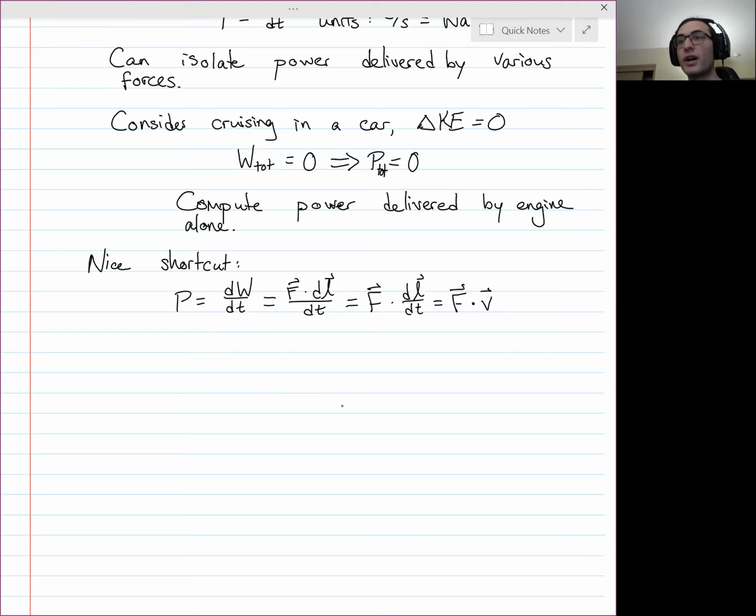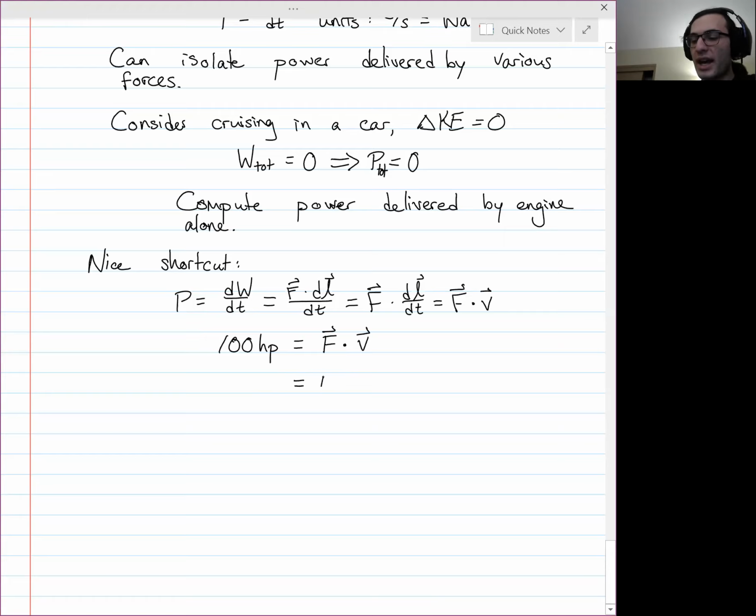So if you wanted to figure out how much force your engine is actually exerting in pushing you along the road, you could say 100 horsepower, which is not an SI unit but you could convert it, is equal to F dot v. You plug in what v is. Let's say you're moving in such and such a direction at 80 miles an hour.